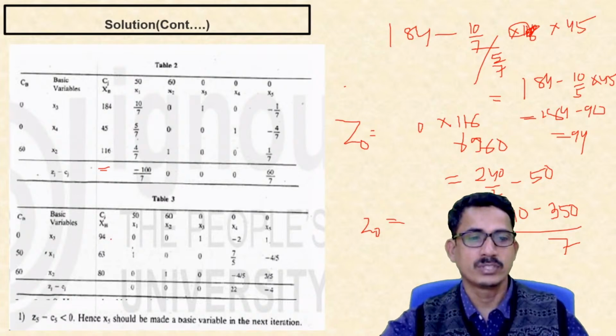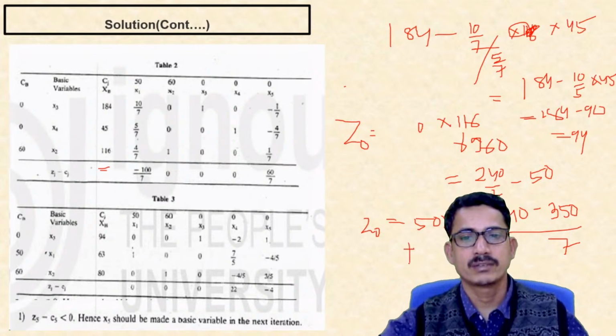0 into 94, 0, plus 50 into 63, 50 into 63, plus 60 into 80, which is 4800.